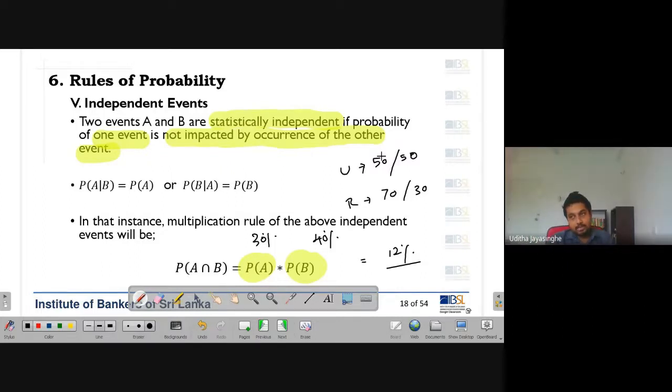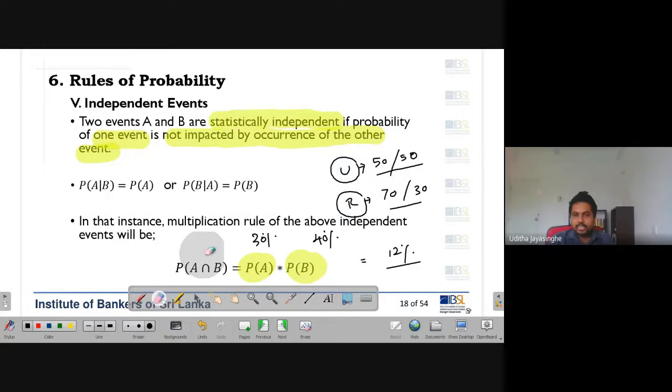I'm not really going to look at the sky and make a determination, but broadly it depends on my appetite for taking the umbrella. If I'm taking a heavier bag, I may take the umbrella. Likewise, there are other factors. So in such cases, these two events can be named as independent events.